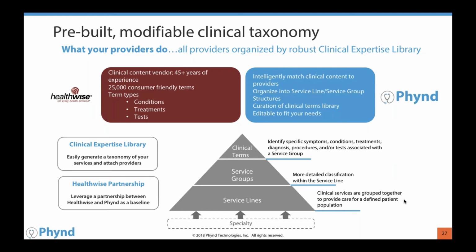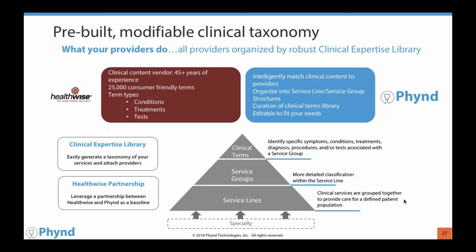But an interesting byproduct of Healthwise's work to curate this incredible repository of content was the creation of a method to organize that content to make it readily searchable through an ontology or a structure of specialty, subspecialty, clinical terms, and also patient-friendly terms. So we are pleased to partner with Healthwise to use this robust clinical content.